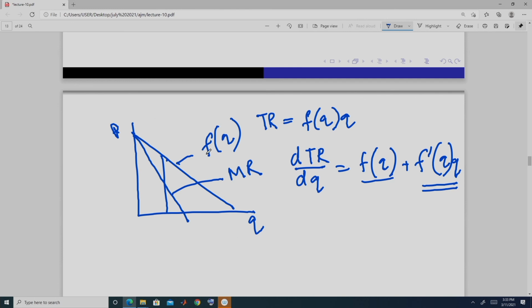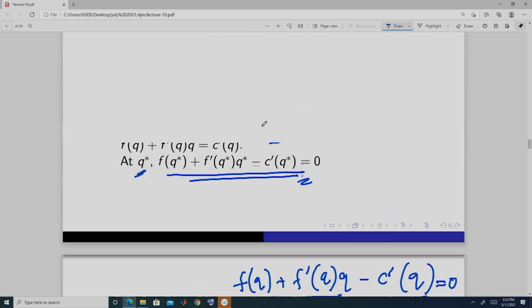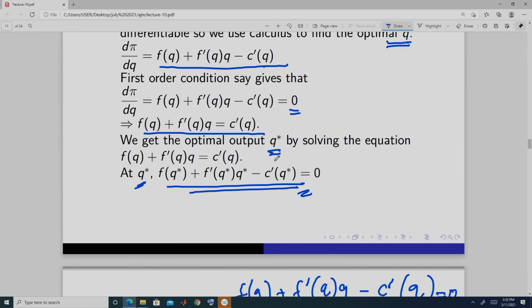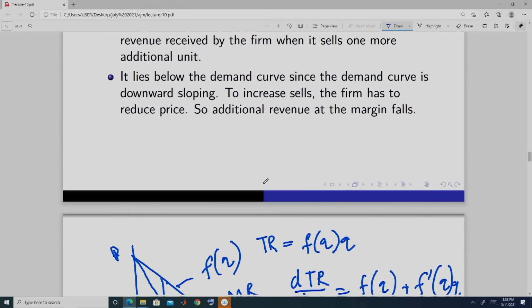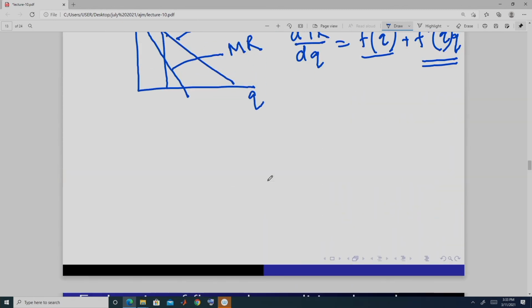So, this is the marginal revenue and this portion is the marginal cost. So, the first order condition says that the profit maximizing output will be such that the marginal revenue should always be equal to marginal cost. Okay.